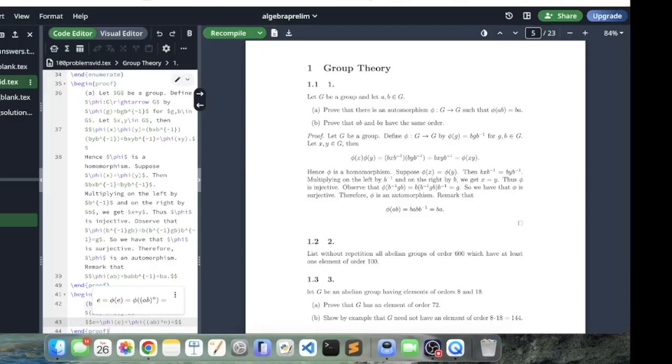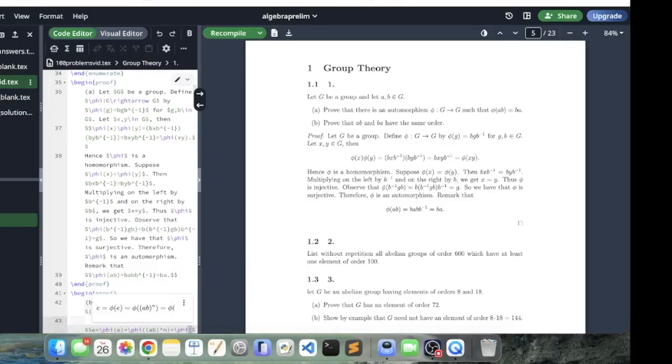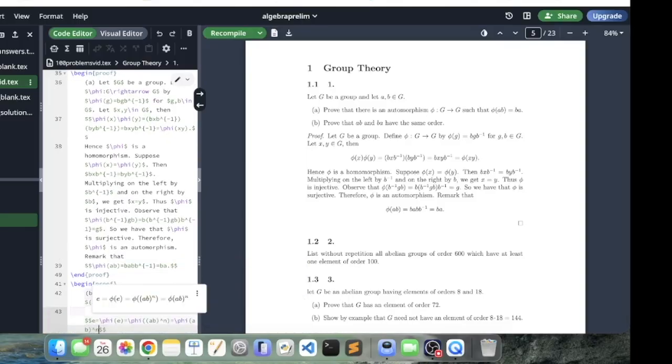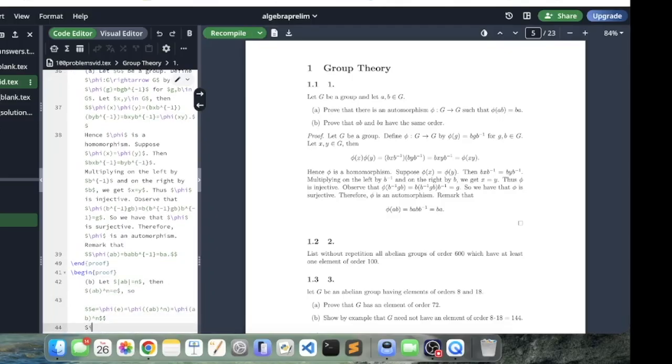Since phi is a homomorphism, we can bring that n on the outside.